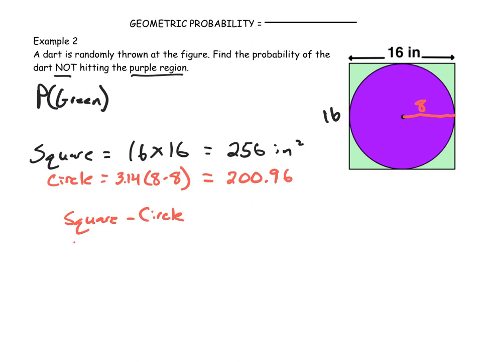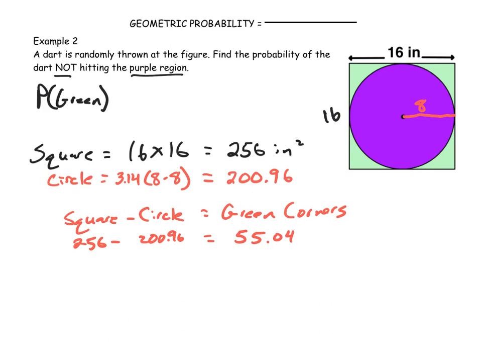So it's going to be 256 minus 200.96, and that's going to get me my green corners, which equals 55.04. So my green corners, that's my desired area.